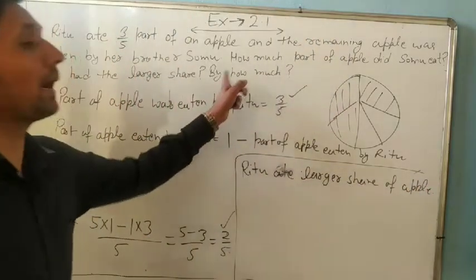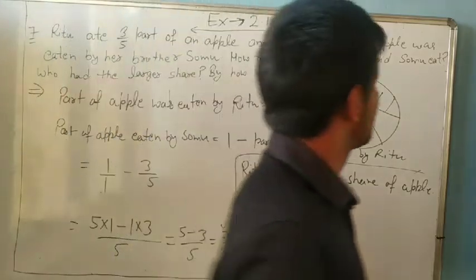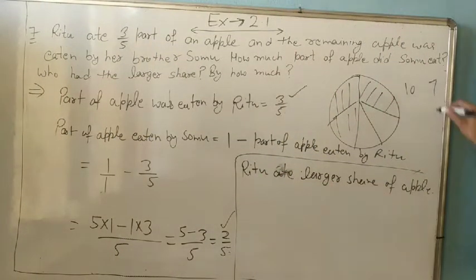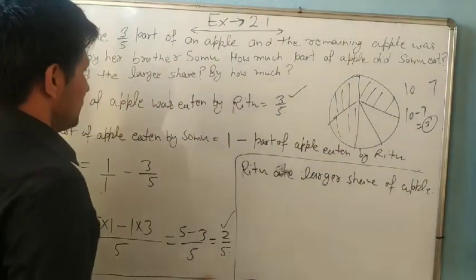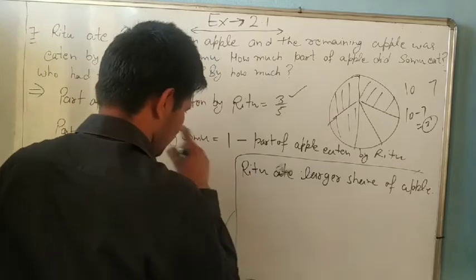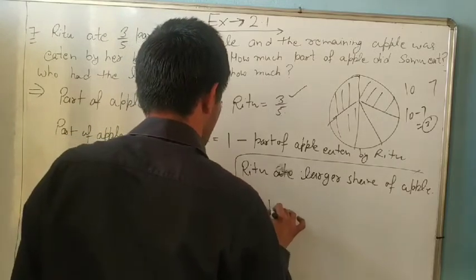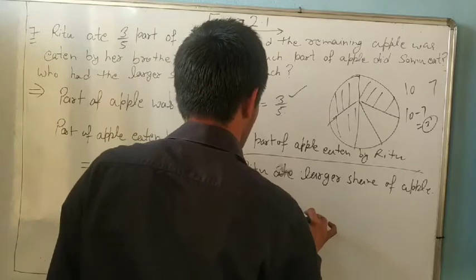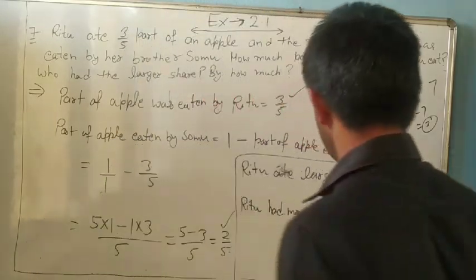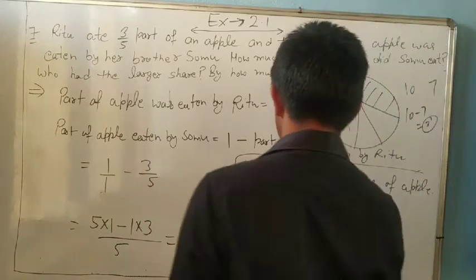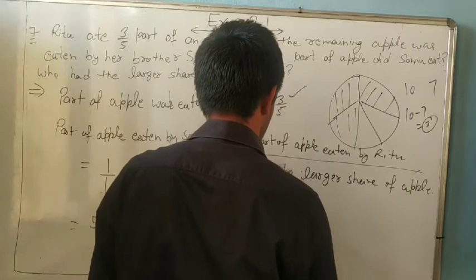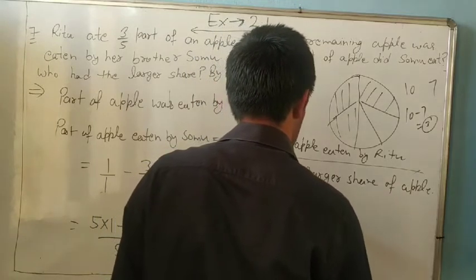Next is, by how much? I have 10 rupees and you have 7 rupees. How many more rupees do I have than you? My rupees minus yours: 3 rupees more. Same as it is, so write: Ritu ate more part. How much?